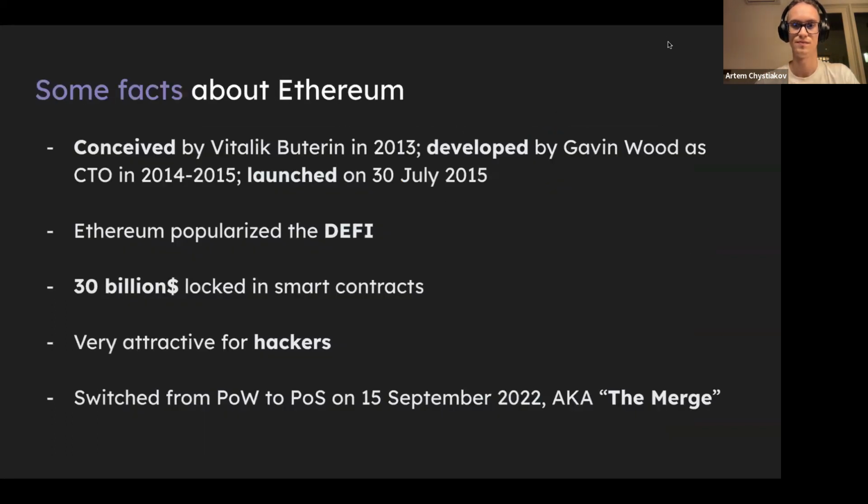Okay, and to finish the lecture, there are several facts about Ethereum I wanted to share. The first one is that Ethereum was conceived by Vitalik Buterin in 2013, but the main development was led by Gavin Wood, who was CTO in 2014, 2015, and then Ethereum was launched on July 30, 2015.